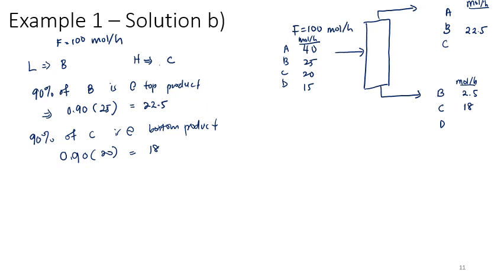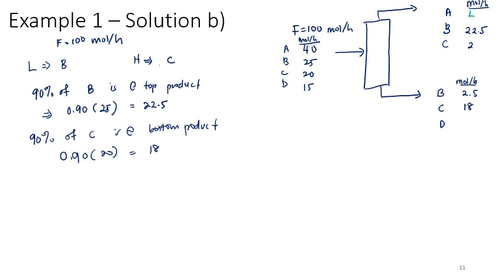And then because the feed is initially 20 mole per hour for component C, at the bottom is 18, so the remaining 2 mole per hour will appear in the top product. So what about components A and D? For the first trial of this assumption, let's assume that all component A will be recovered in the top product.